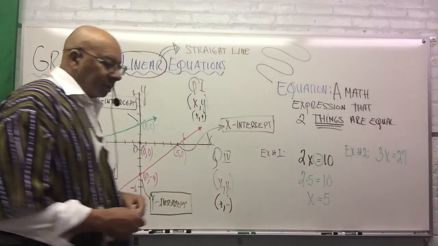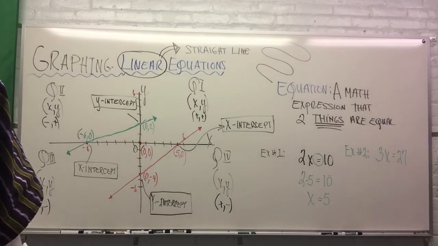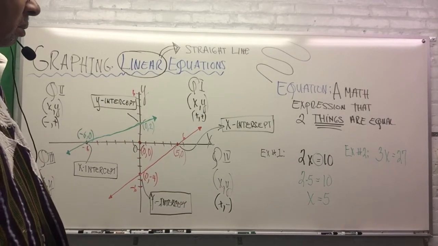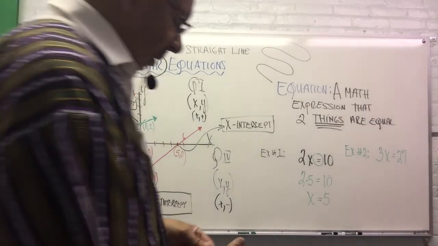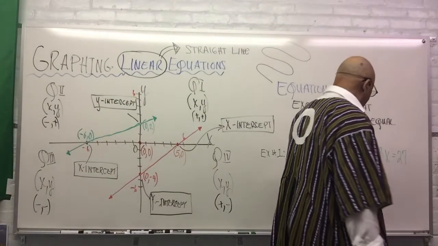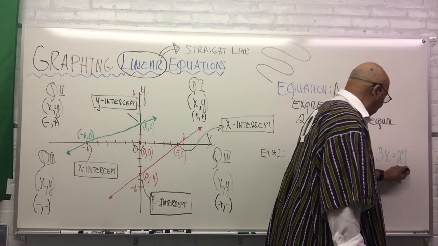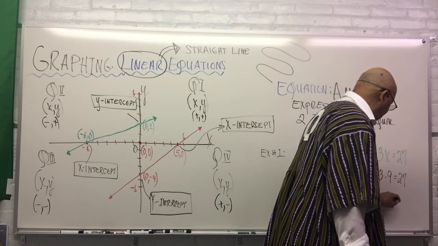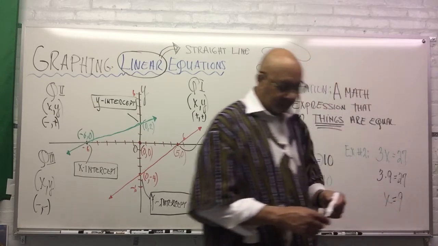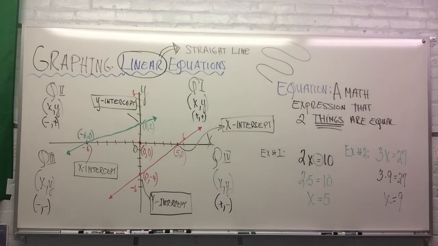If you know your multiplication tables, you can see that immediately, and you would know that 3 times some invisible number that equals 27 has to be 9. 3 times 9 equals 27. So you would say x has to be equal to 9. So that's the basic, simple solution to an equation.